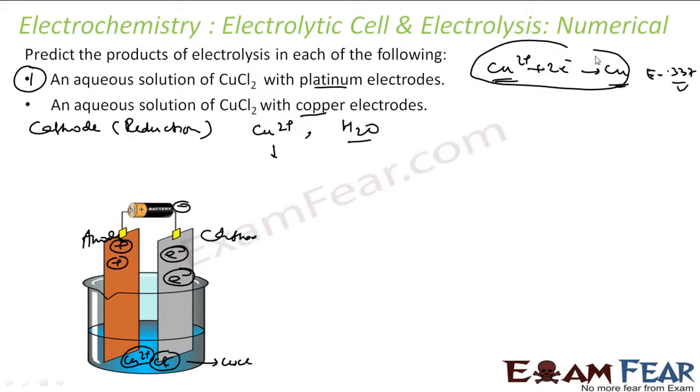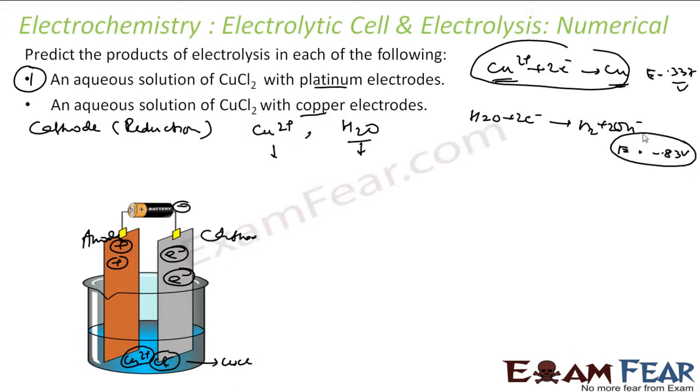This is a spontaneous reaction. For water to get reduced, the reaction we'll write as H2O takes 2 electrons, becomes hydrogen and OH minus, and here E is minus 0.83 volt.